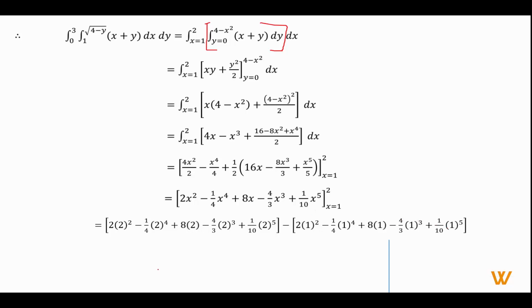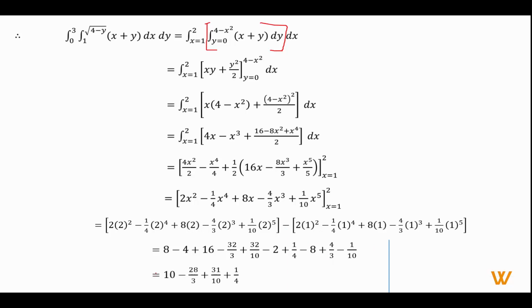is equal to we get 2 square, 4 into 2 is 8, minus 2 raised to 4 is 16 by 4 is 4, only 8 into 2 is 16, 2 cube is 8 into 4 is 32, so minus 32 by 3, plus 2 raised to 5 is 32 by 10, minus 2 plus, and minus becomes plus 1 by 4, minus and plus becomes minus 8, then minus and minus becomes plus 4 by 3, and minus and plus becomes minus 1 upon 10.